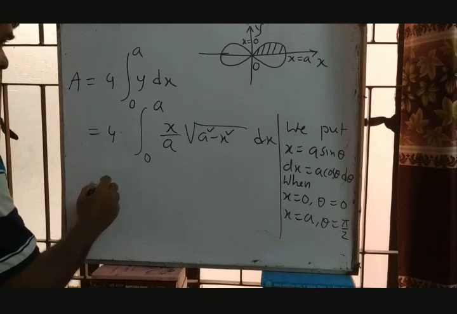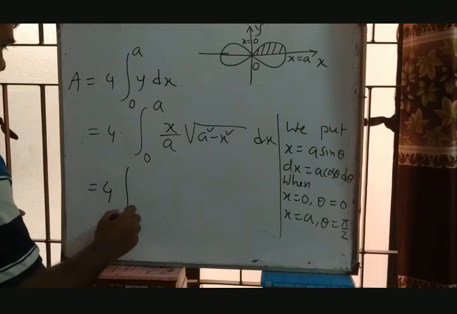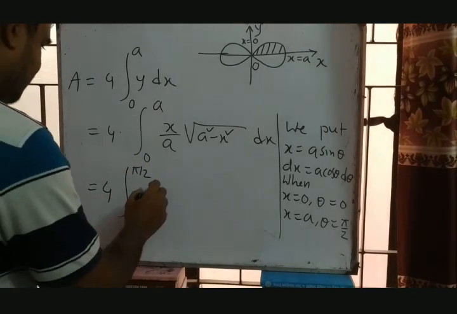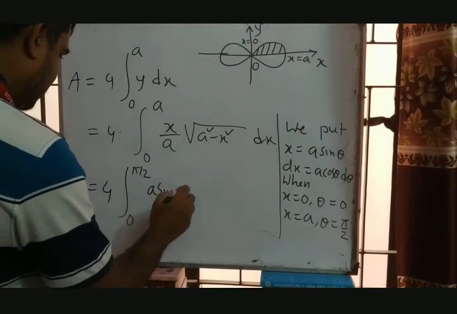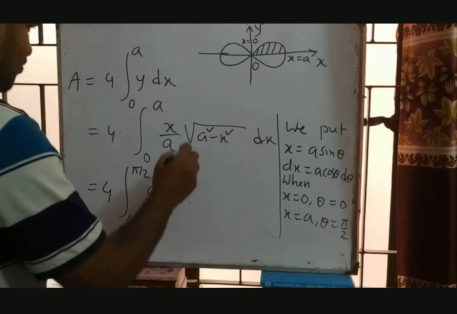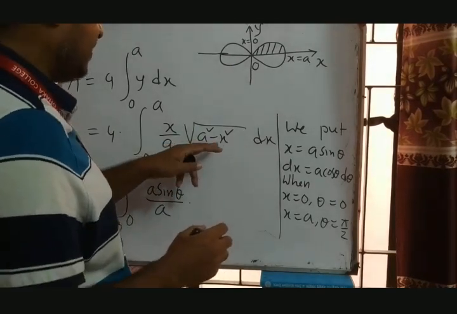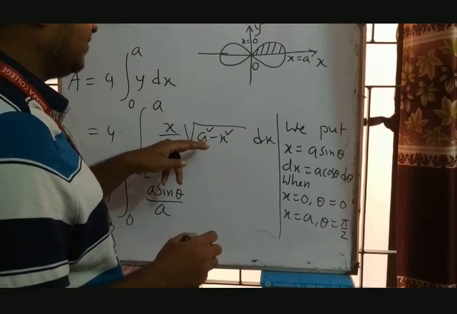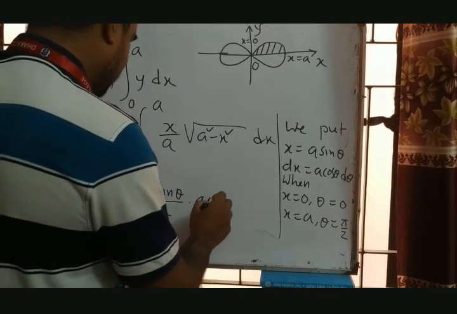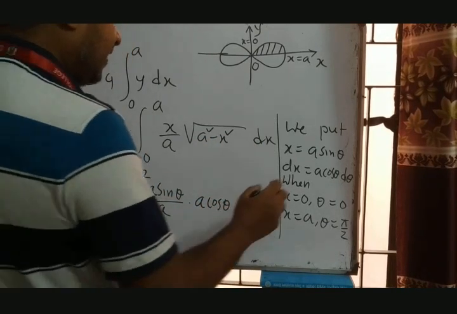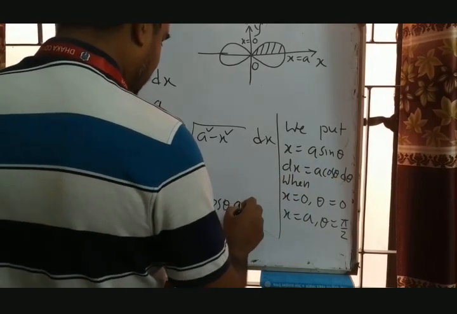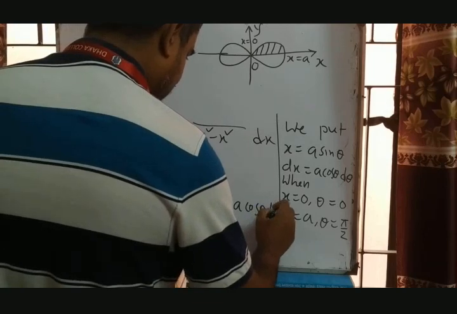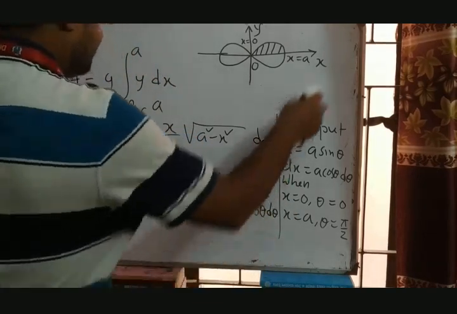So the integration goes to this form, 0 to pi by 2, here x is equal to a sin theta, put this value, a sin theta divided by a. Now if we put x is equal to a sin theta, we get a square minus a square sin square theta. If we take a square common, then we get 1 minus sin square theta, which is equal to cos square theta. That means a cos theta. And similarly we get dx is equal to a cos theta d theta.